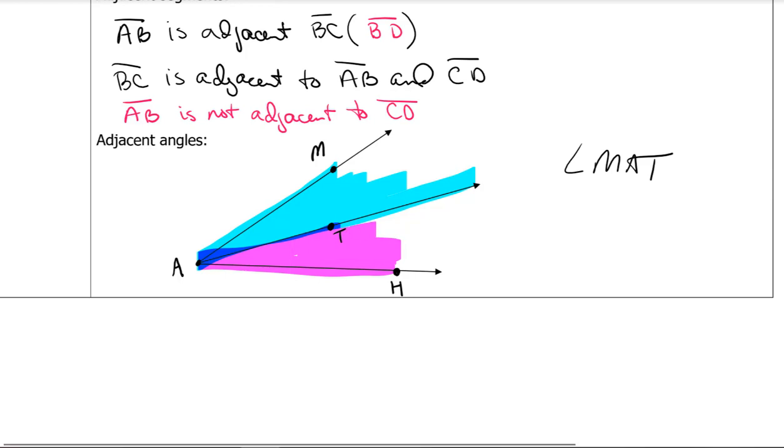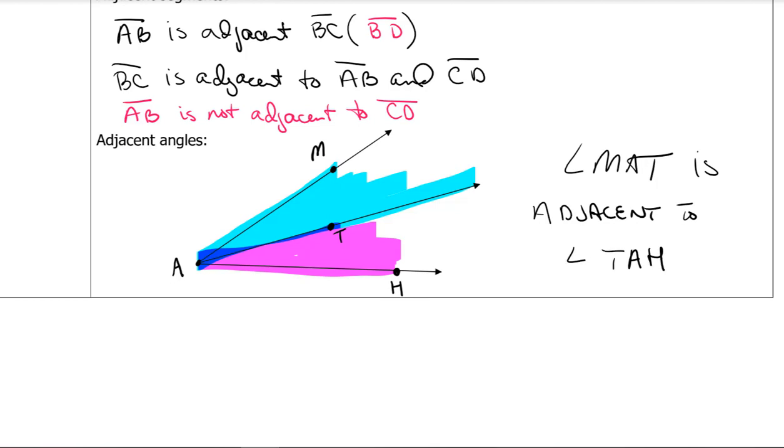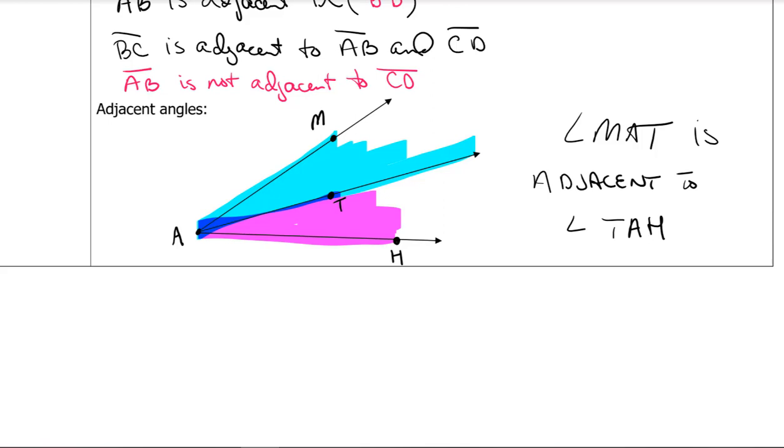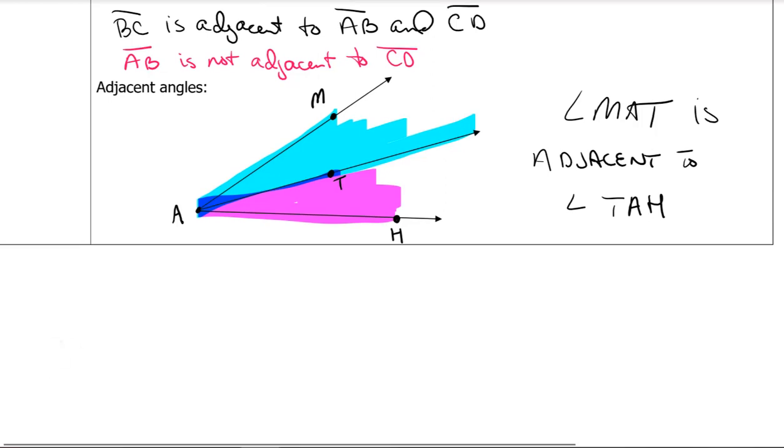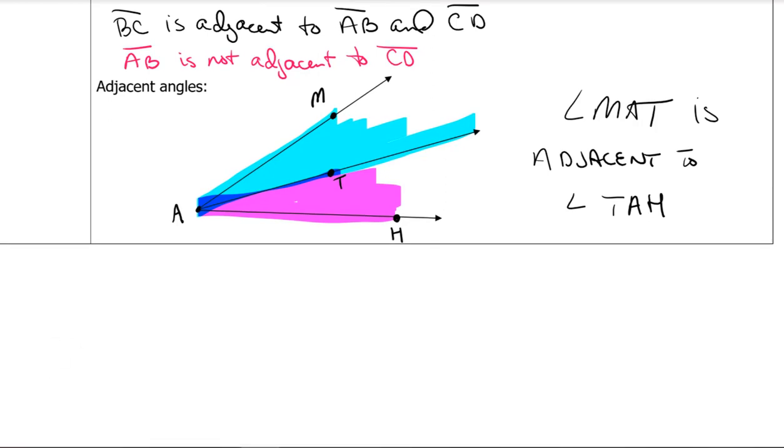You could say angle MAT is adjacent to angle TAH, because they're next to each other. They share a common vertex, and so they're right there. Now, if you want to flip that around, maybe make an angle HAT, well, hats off to you.